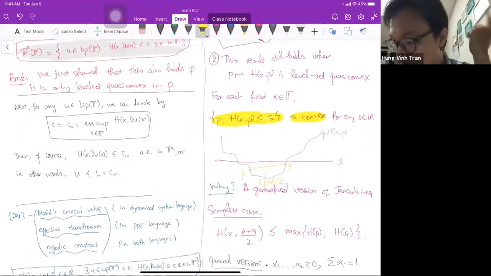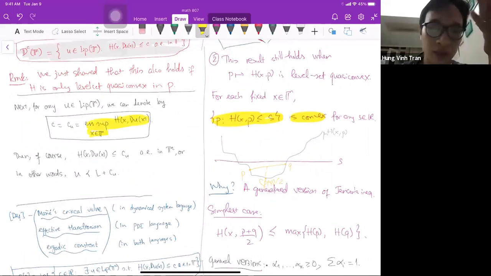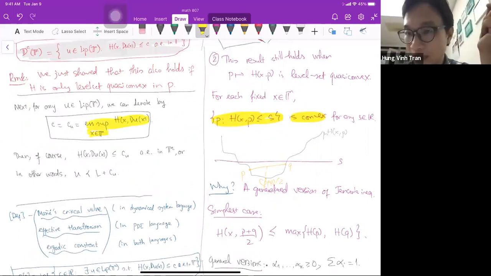So we have seen that h of x, du is going to be less than or equal to the essential supremum of that, right? For any u Lipschitz, defined almost everywhere with gradient bounded, I can define cu to be the essential supremum of that. And clearly I have h of x, du less than or equal to cu almost everywhere, right?